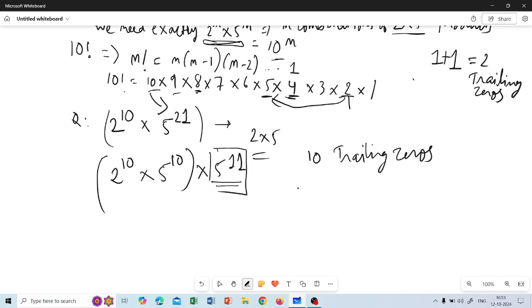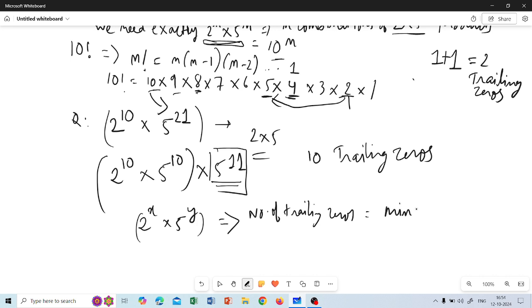So now we can simplify this, and the general expression can be like this: if the number is 2 power x into 5 power y, then the number of trailing zeros is given by the minimum of x and y, the powers of 2 and 5.